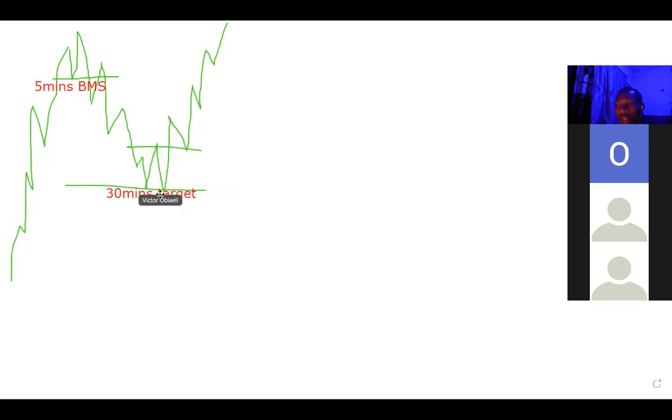Now, I said he's going to do this, or look at the next scenario. He's going to drop. This is the second scenario, the second thing that the market is going to do. The market goes down. Remember, it's an uptrend.